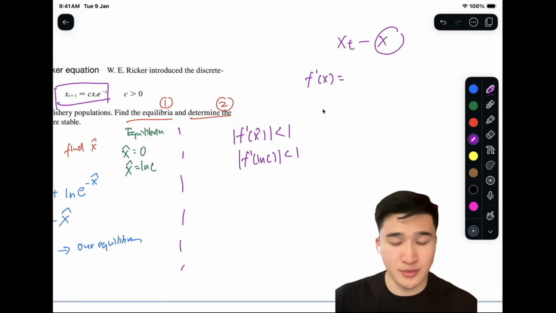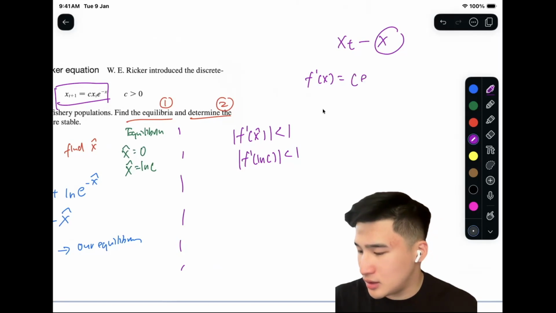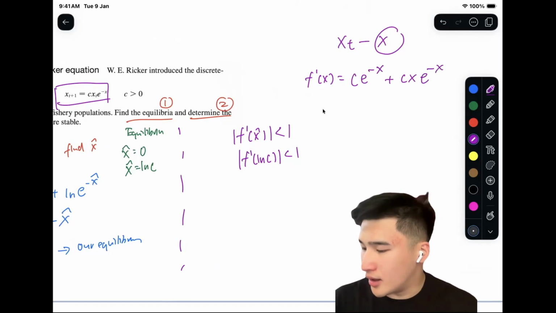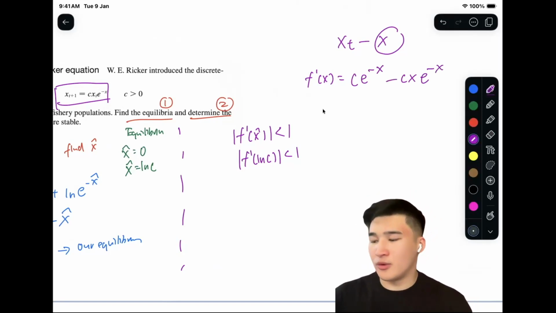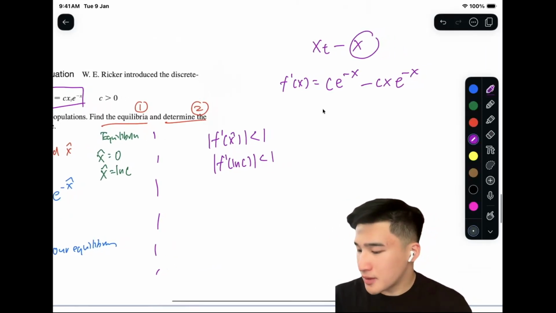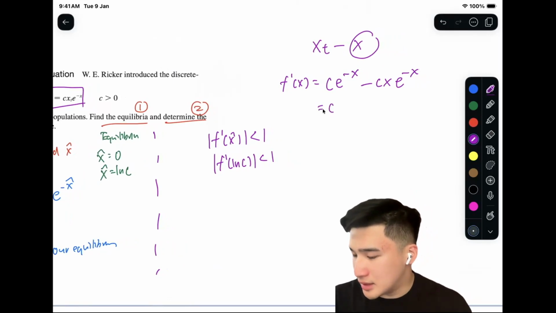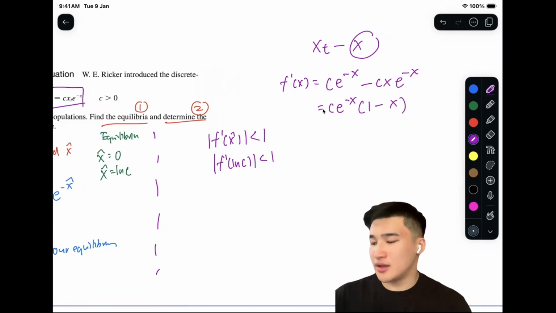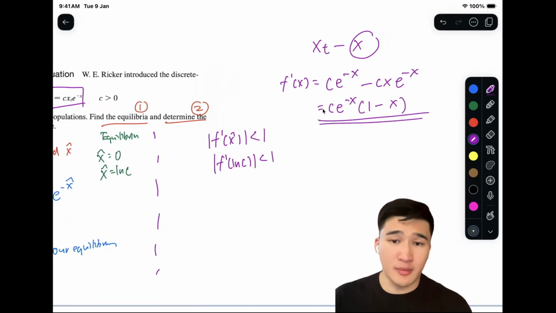So we have ce to the minus x plus cx e to the minus x, and because of the product rule, we change it to minus over here. Then we can take away ce to the minus x here, so we have 1 minus x. This is our f prime x.